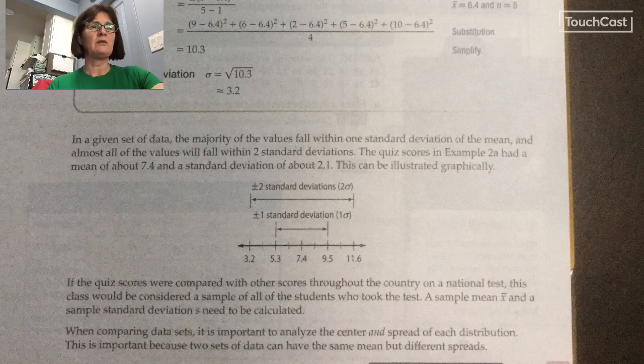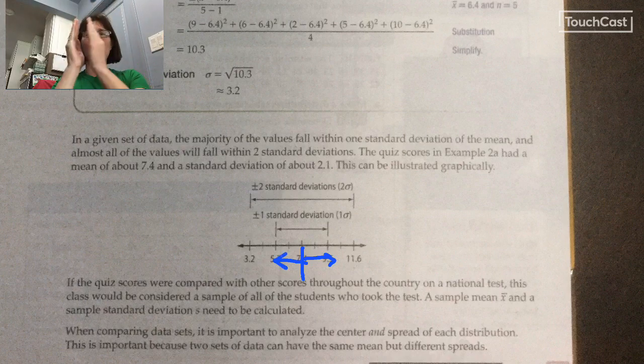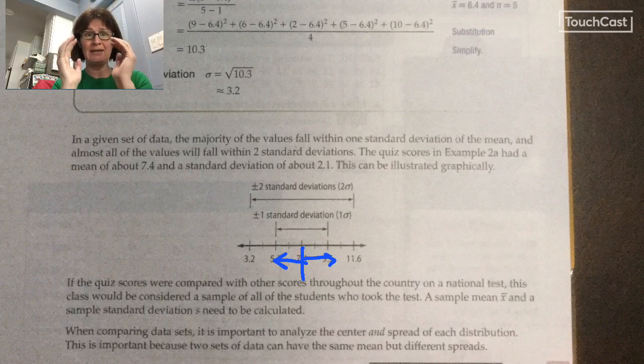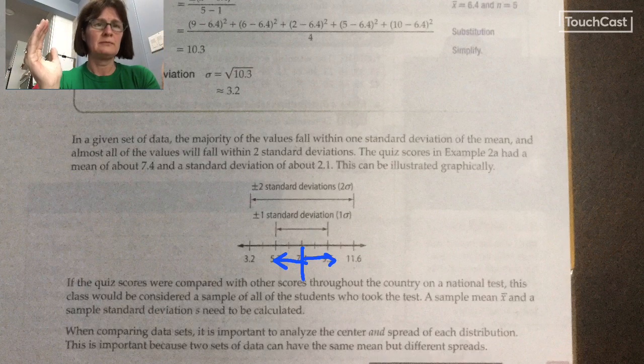So you can see here, for the quiz scores in that last example, when we did the whole population, the mean was 7.4 and the standard deviation was 2.1. So if you go 2.1 up and 2.1 down, do you see how that's one standard deviation on either side of the mean? Most of the data fits within that range. So here, range meaning from 5.3 to 9.5.